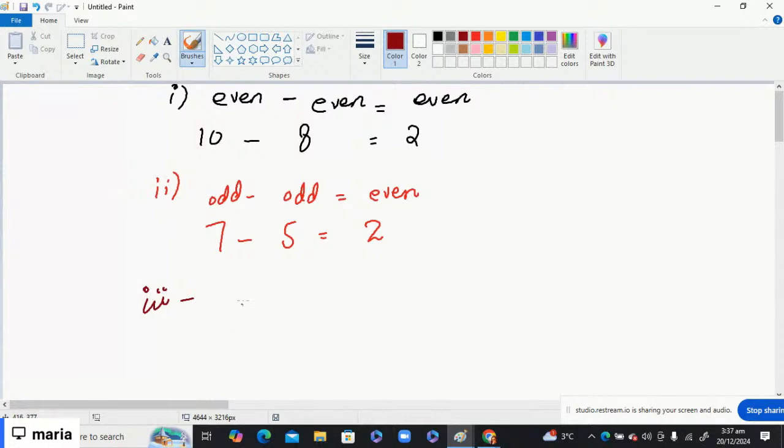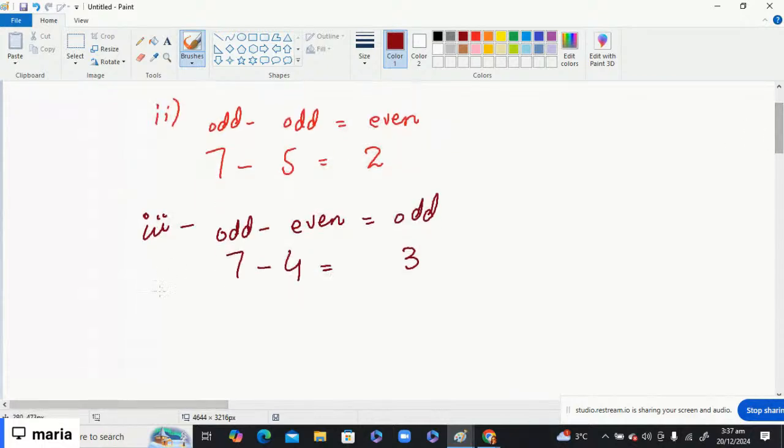Third rule: if you subtract one odd from the even, then you get the answer odd. Always. Okay? Now for the fourth rule.